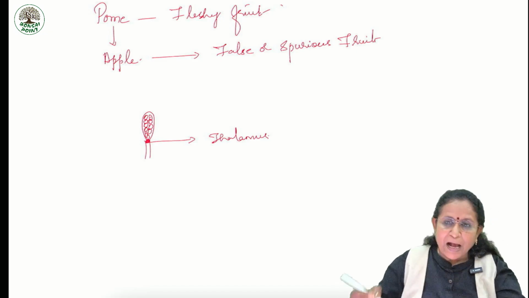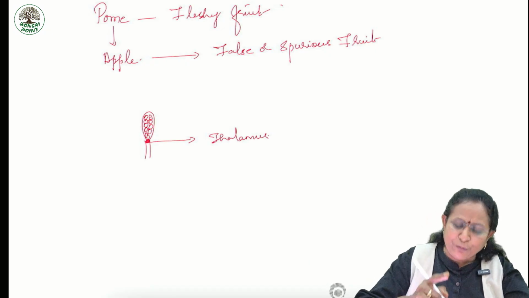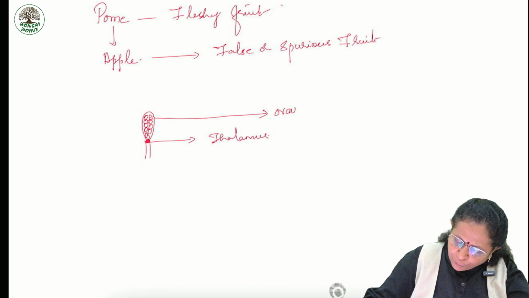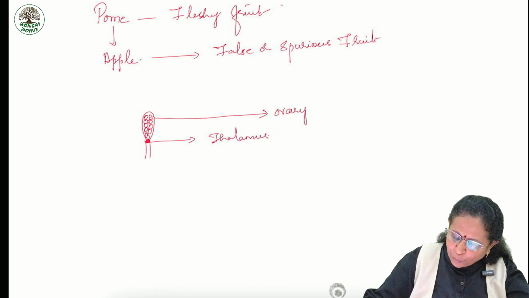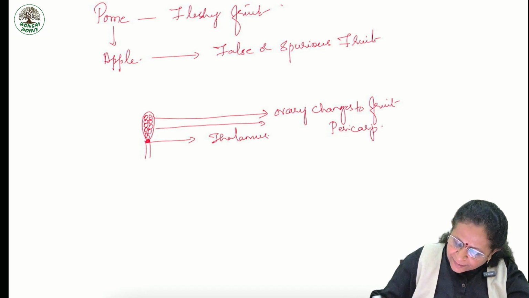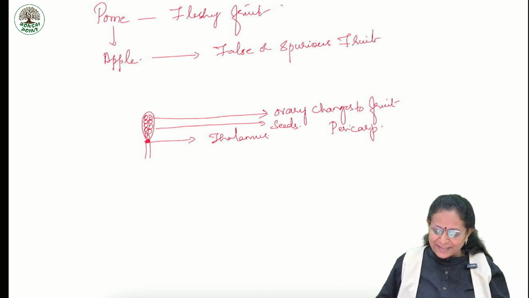Now, concentrate. After fertilization, ovule changes to seed and ovary changes to fruit. So, this ovary will change into a fruit, that is, it has pericarp enclosing the seeds. But what happens?